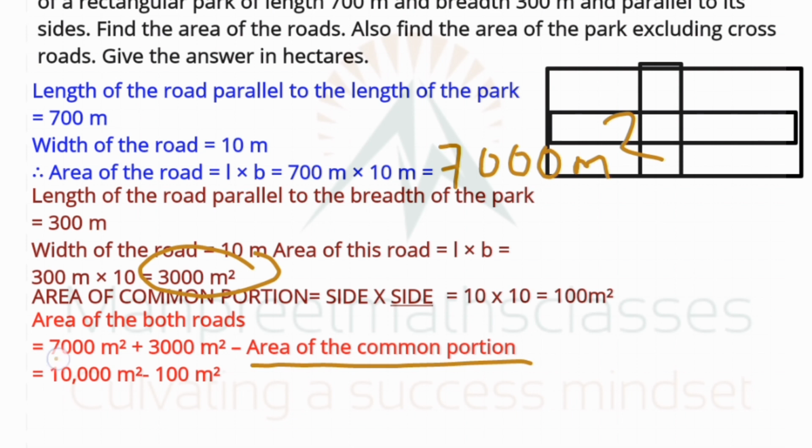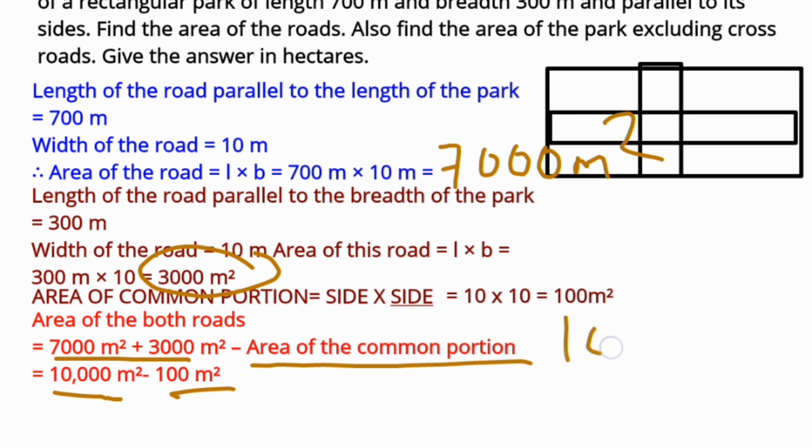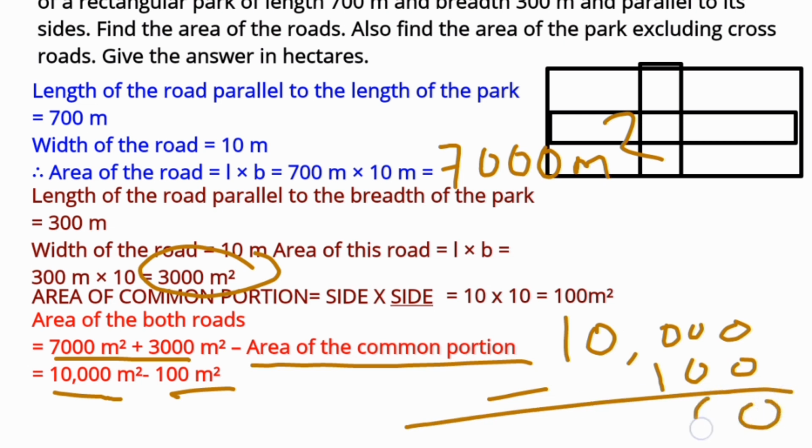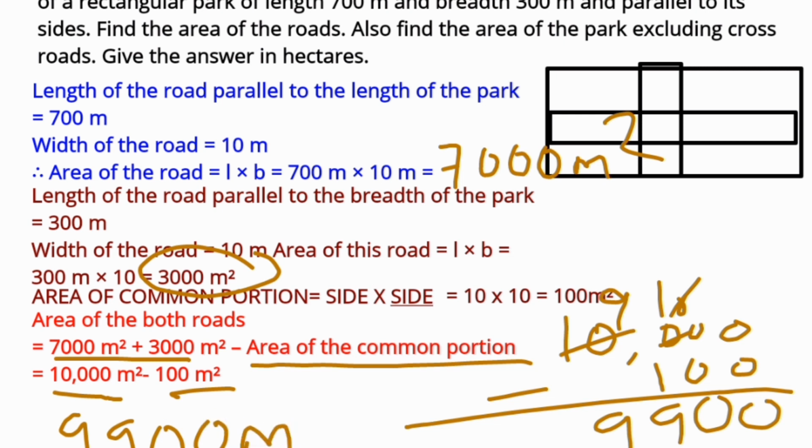Now 7000 plus 3000 gives 10,000, minus 100. So subtract it, 10,000 minus 100. 0, 0, here you will take a carry. So this will become 10, 10 minus 1 is 9, so 9. 9,900 meters square is the area of both the roads. Now they are asking us to give the answer in hectares. So we'll convert it.